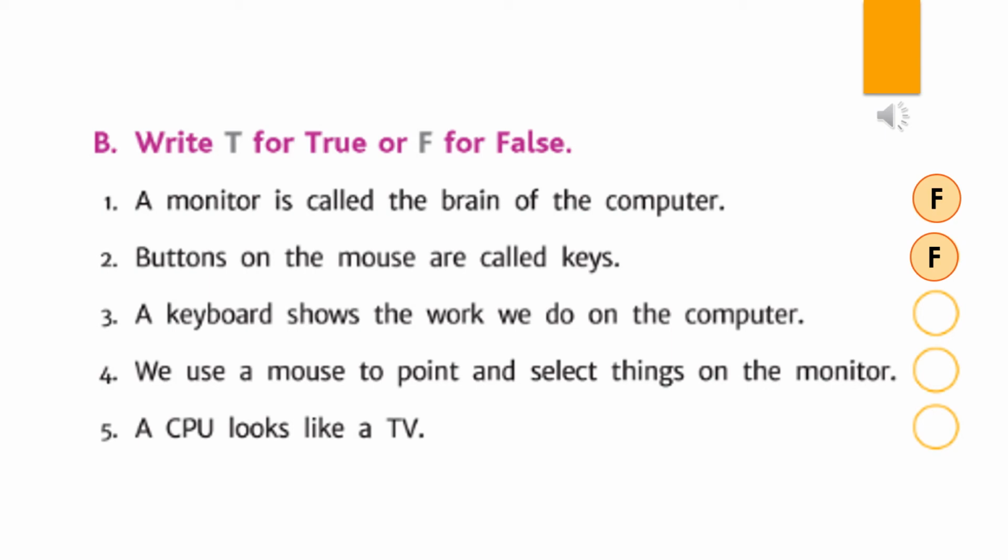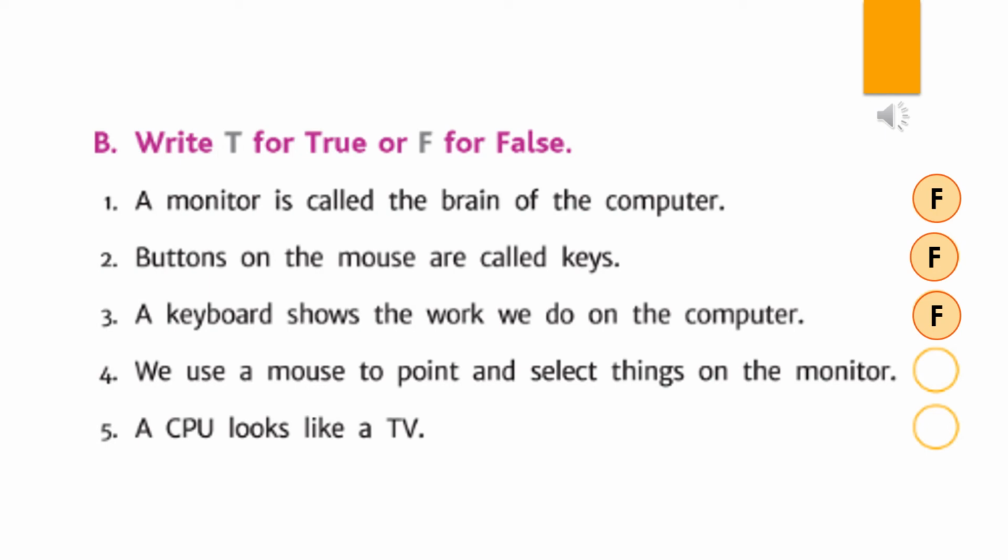The third question is, a keyboard shows the work we do on the computer. So this is also false. So which part shows the work? The monitor. So the monitor shows the work we do on the computer. So this third question is also false.